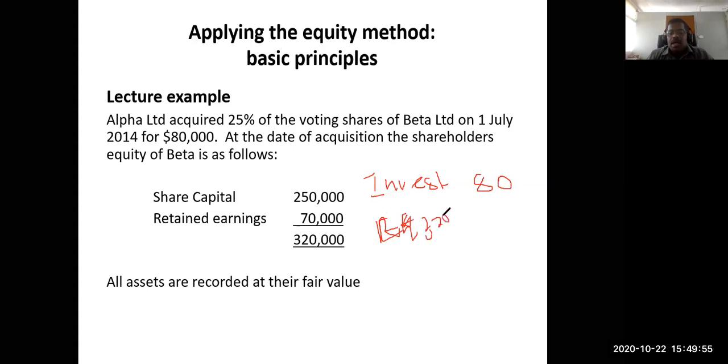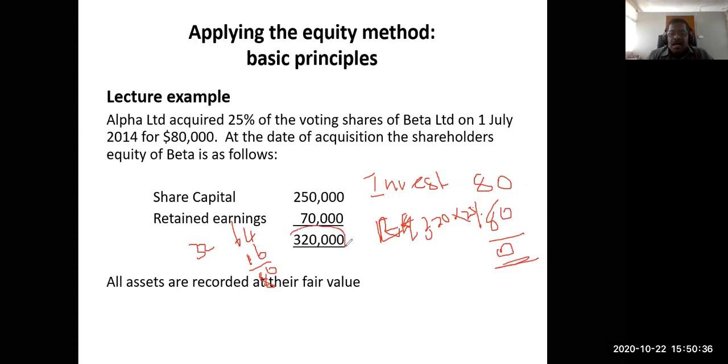From 320 you take only 25%. 25% means how much? 80. So 80 is the net assets acquired. So thereby there is no goodwill.